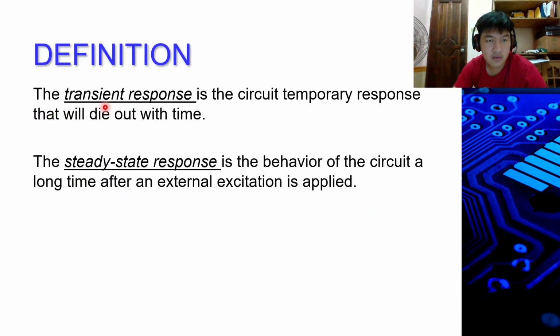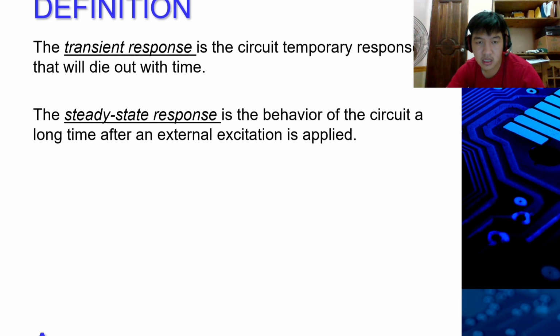By definition, the transient response is the circuit's temporary response that will die out with time. The steady state response is the behavior of the circuit a long time after an external excitation is applied.